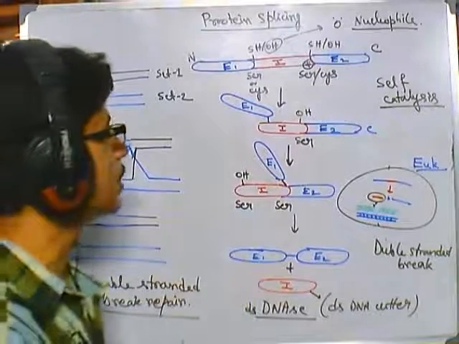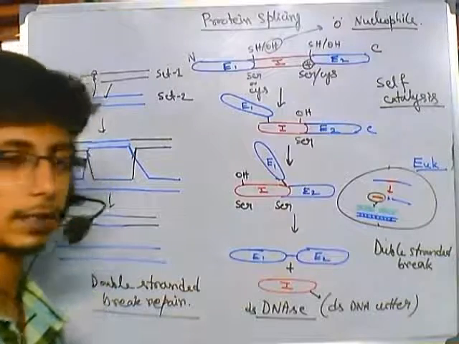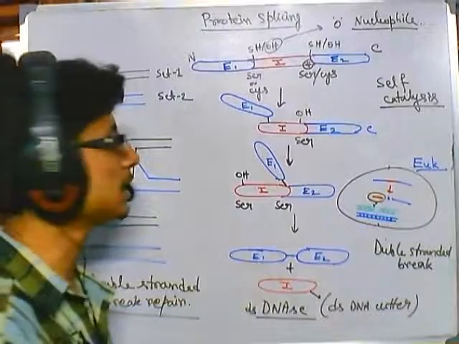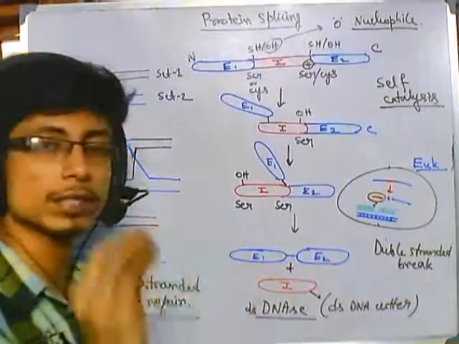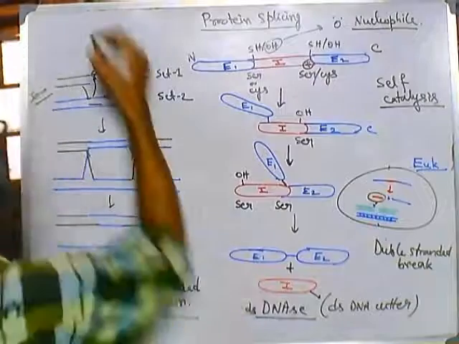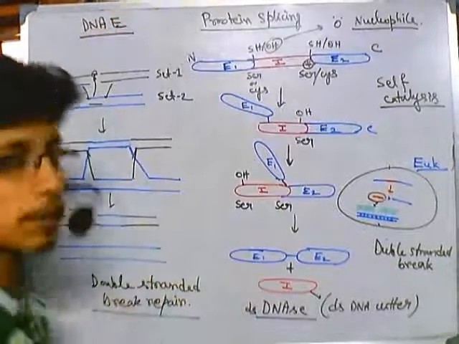For example, in the case of blue-green bacteria like Cyanocystis. In those cases, especially the protein called DnaE, remember the DnaE protein which is required for replication, is called the DnaE protein for Cyanocystis bacteria.